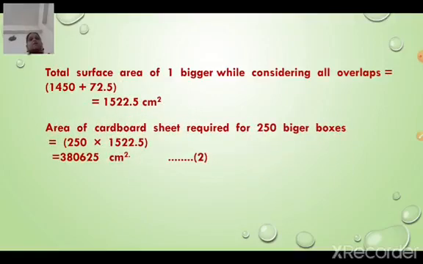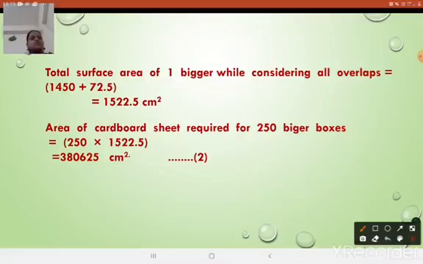Is it correct? Then the area of cardboard sheet required for 250 bigger boxes. So here we got 1522.5 centimeter square for one box. So we will multiply by 250 to get the area of 250 such bigger boxes.